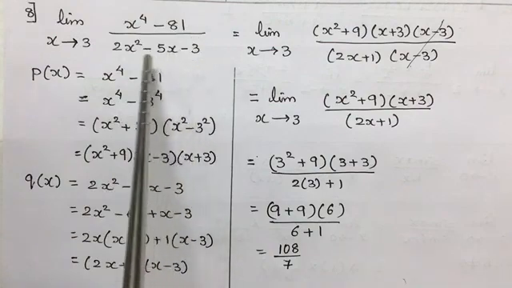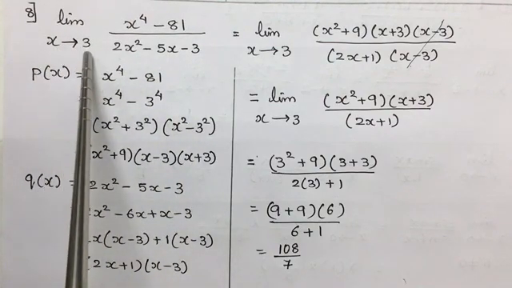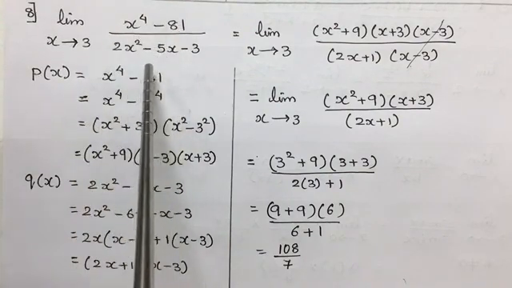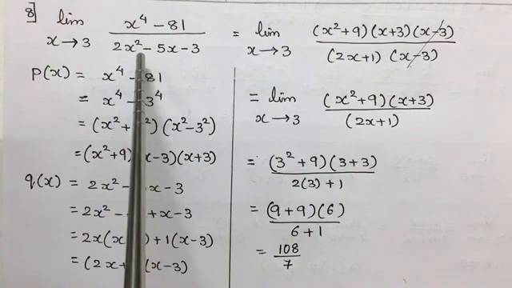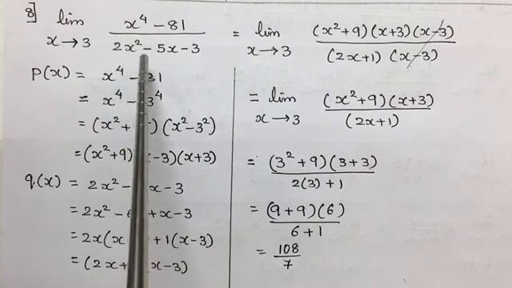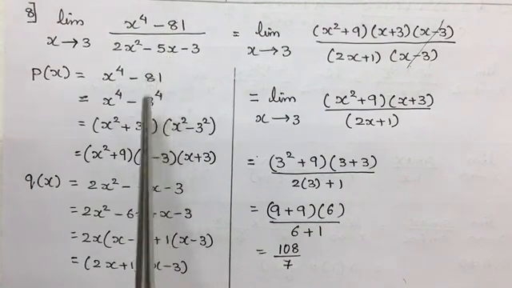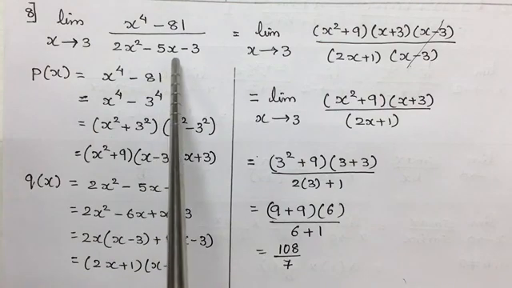In this example also, we cannot keep the value of x as 3 directly, because if we keep the value of x as 3 and solve, then it will become 0 upon 0, which is not true.